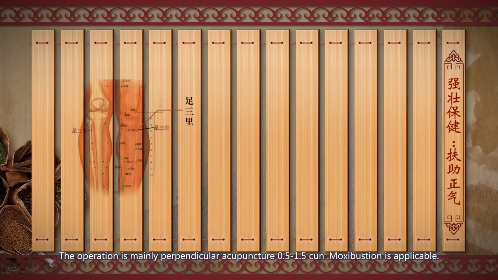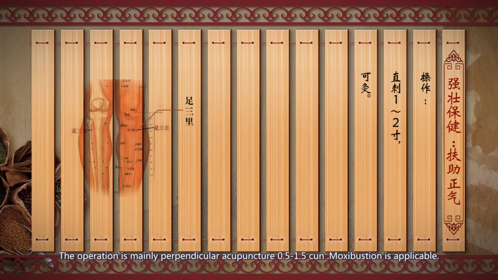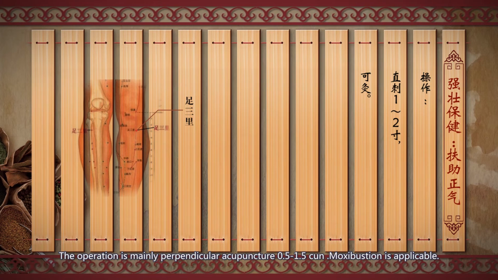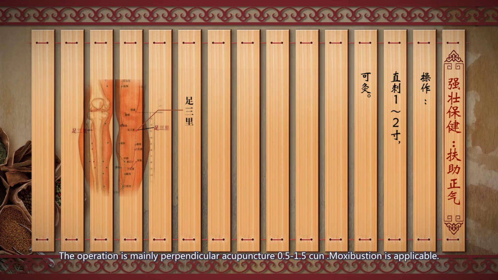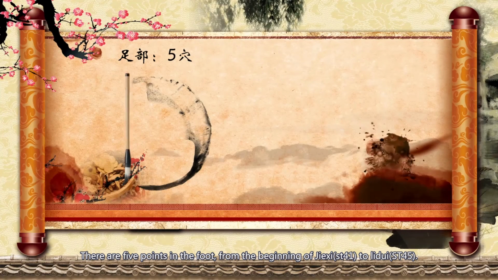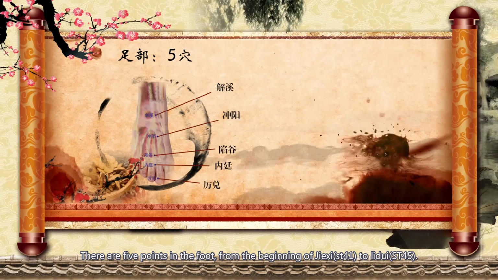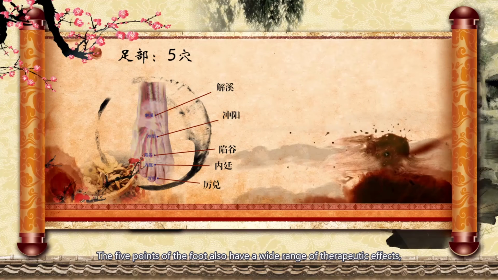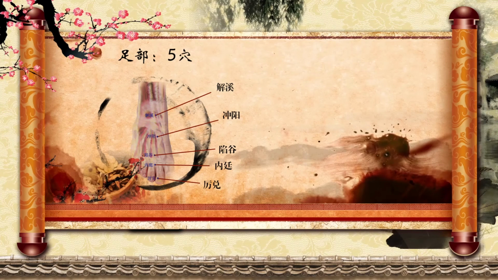The operation is mainly perpendicular acupuncture 0.5 to 1.5 cun. Moxibustion is applicable. There are 5 points in the foot from 解溪 to 厉兑. The 5 points of the foot also have a wide range of therapeutic effects, including proximal and distal.